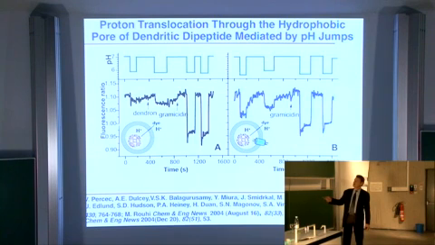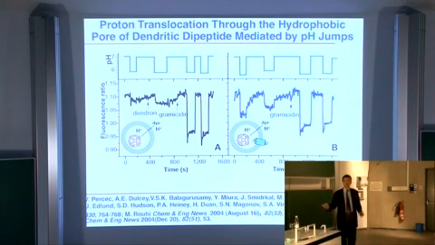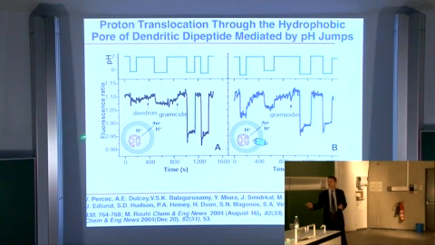So in all these experiments, we make a cell membrane, we put a dye inside. This dye is pH sensitive. It changes its fluorescence when we change the pH inside of the cell membrane. Since this is a barrier material, if you change the pH outside of the cell membrane, you don't see any change in the fluorescence of the dye.